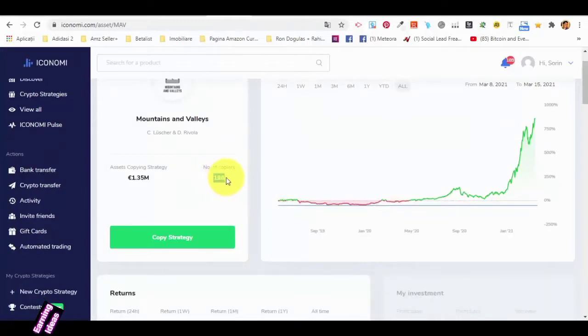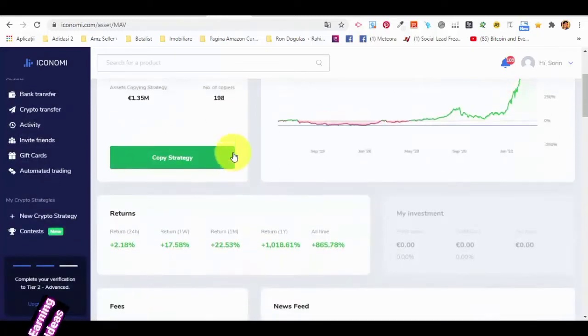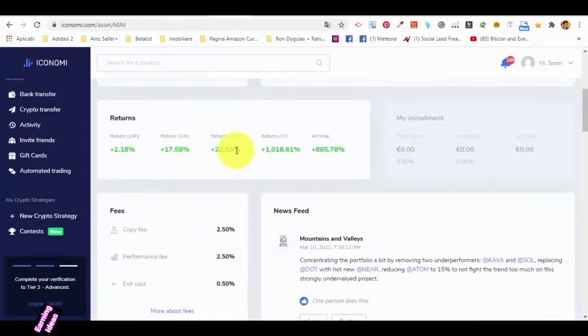And it has 198 copiers, with a total of 1.45 million in assets copying the strategy, which is not bad at all. The return in the past year was 1000%. Again, not bad at all.